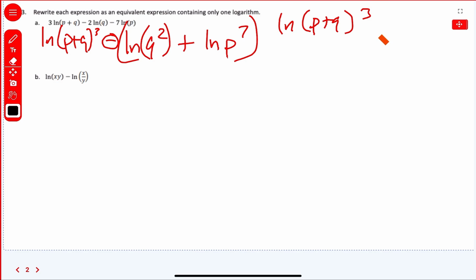Well, let's rewrite it. So minus, since this is addition, we can multiply these two together. We'd have ln q squared p to the 7th. Let's do that.